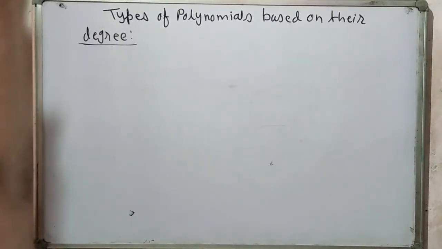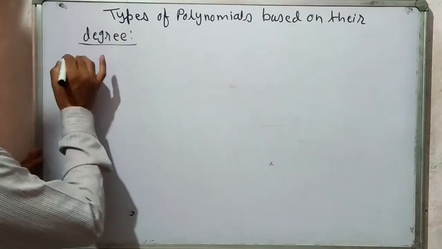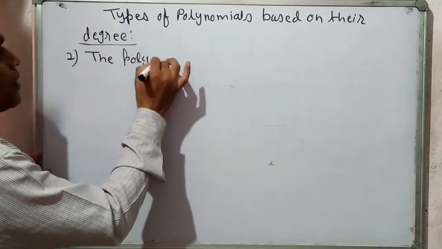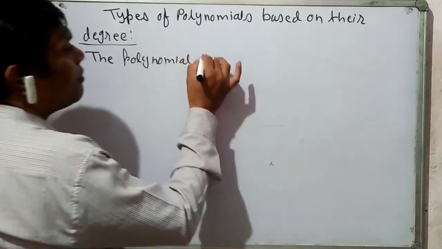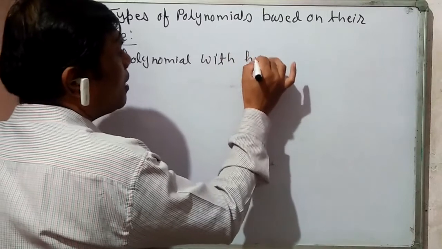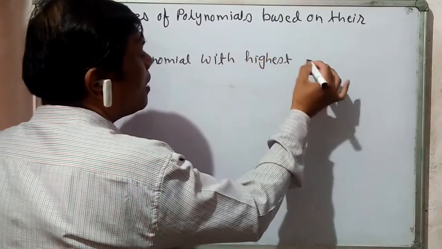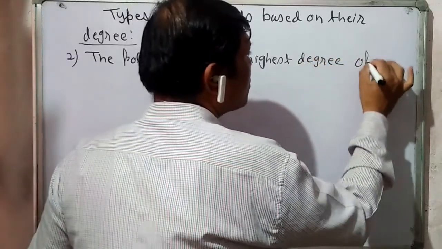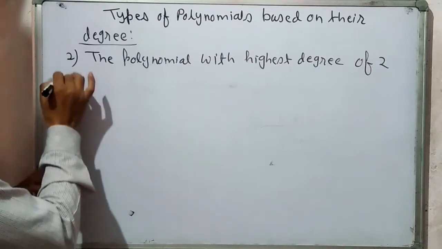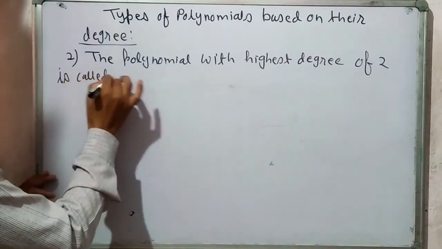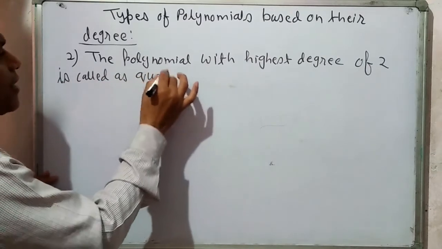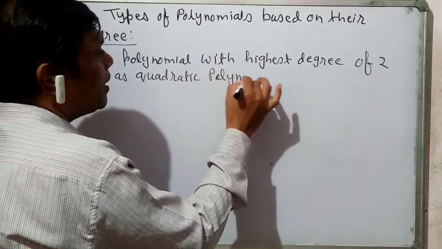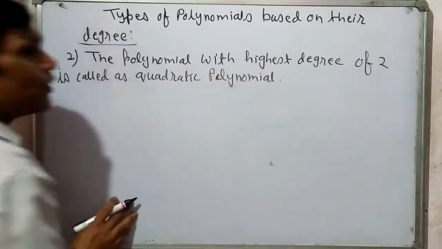The second kind of polynomial that we have based on the degree is the polynomial with highest degree of 2, and it is called a quadratic polynomial.